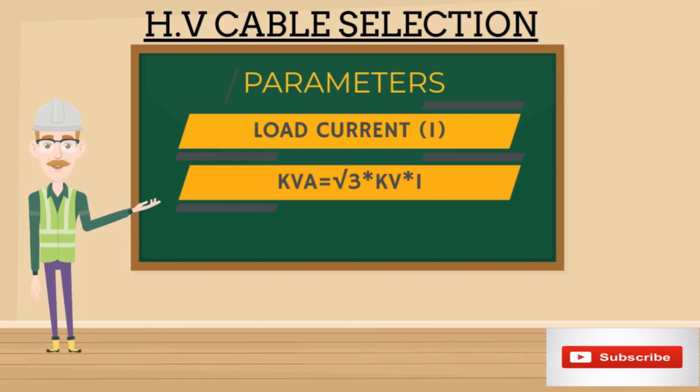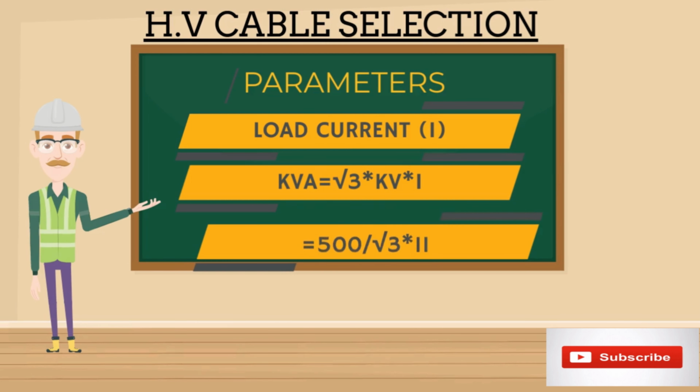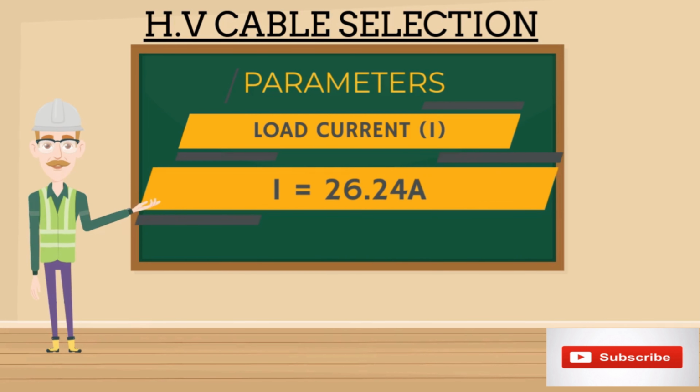So all the parameters except I are available in the equation. We can find out I by putting all these values in this equation. So we can find it out as 26.24 ampere.